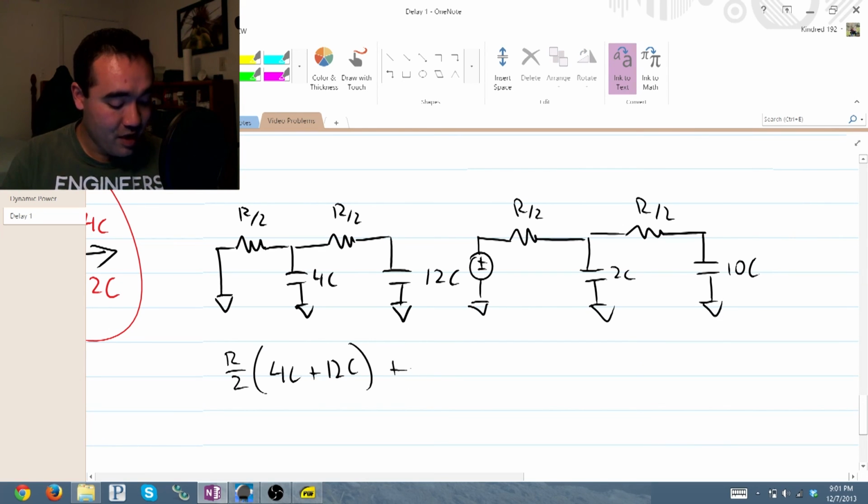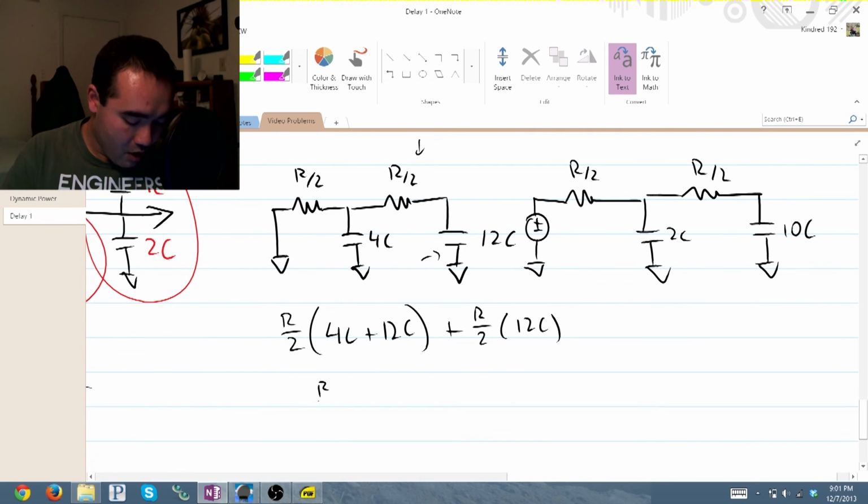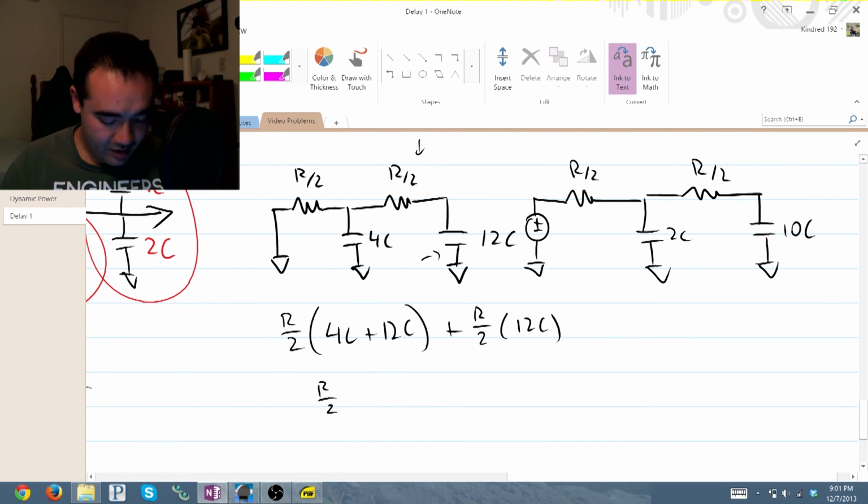Now, this is plus the next resistor, R over 2, times all the downstream capacitors, which is just this 12C. So you have R over 2 times 12C. And this ends up becoming R over 2. And let's see, we'll go ahead and do some factoring here.